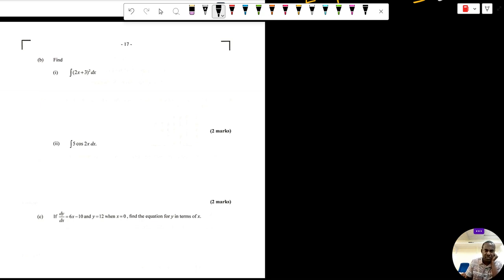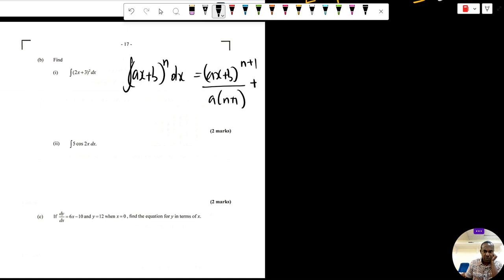Now, we must remember that this is basically of the form integral of ax plus b to the power of n dx, which gives us ax plus b to the n plus 1 divided by a times n plus 1 plus our integration constant c, right? So essentially, what this means is that our a is equal to 2 and n is equal to 2. I mean, b is not really of that much significance.